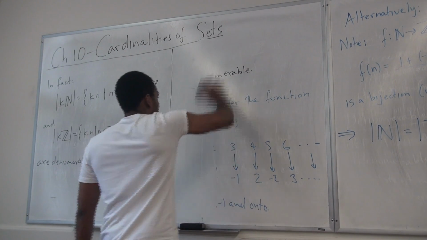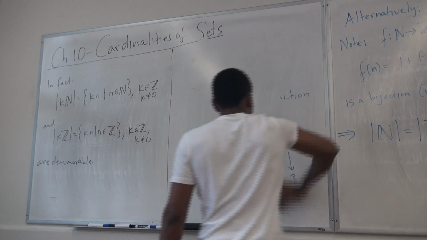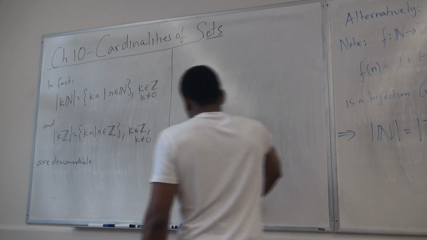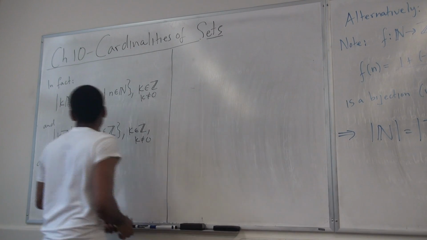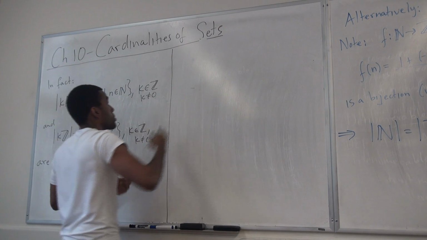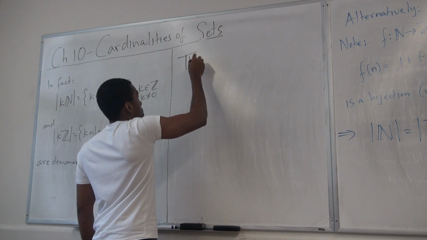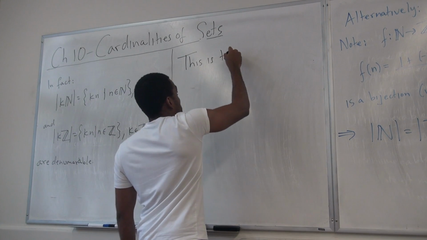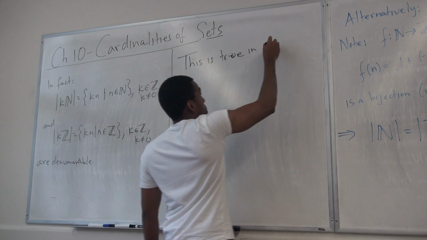That's sort of the weird thing about infinite sets. You can have proper infinite subsets. This is true in general in some sense.